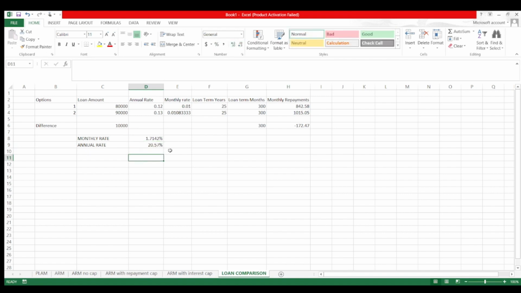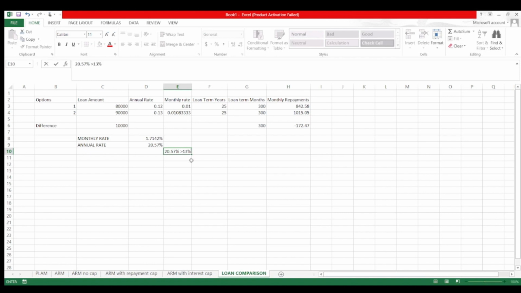This means that the annual rate of borrowing the additional 10,000 is 20%. And this 20.57% is greater than our loan rate of 13%.